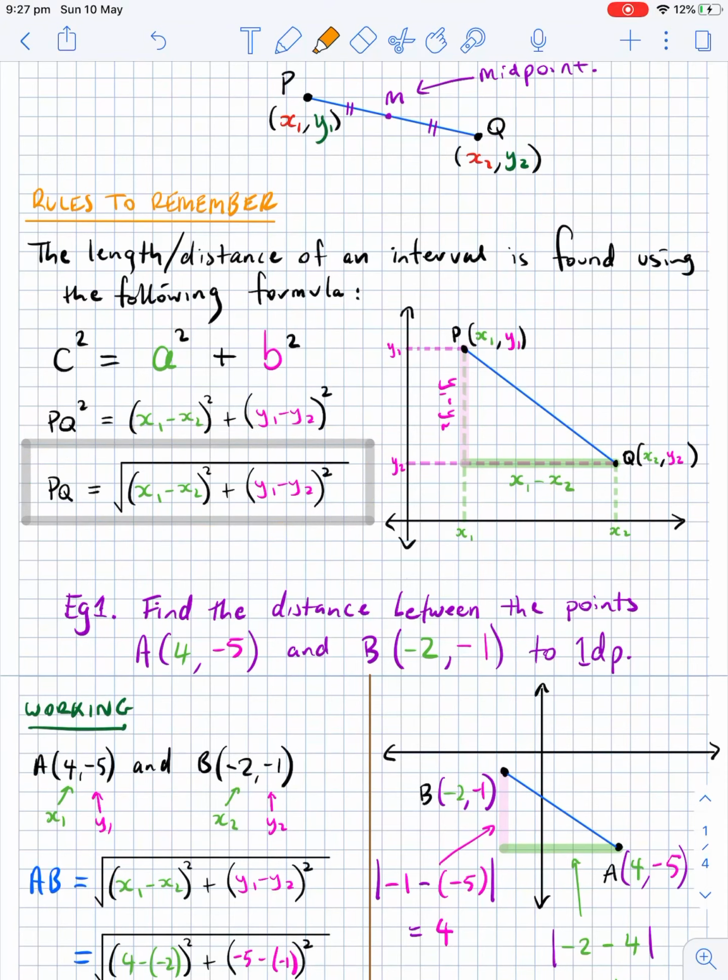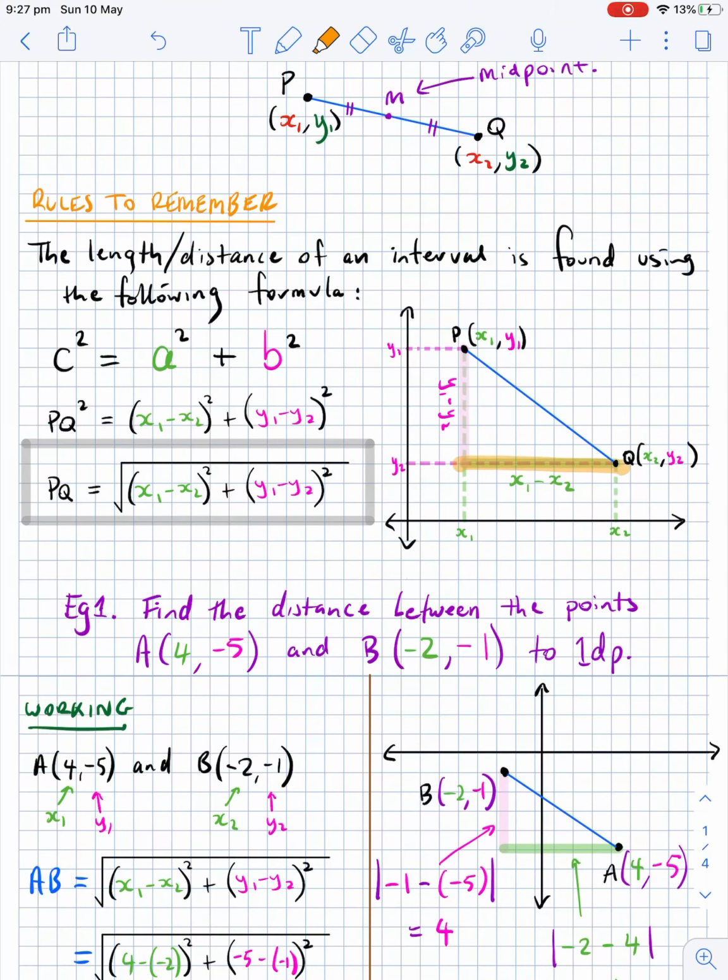Okay, so what exactly is happening here? With our Pythagoras, we're pretty much setting up a right angle triangle to figure out the length of our interval here, this blue line. The bottom length of our triangle is going to be the difference between x2 and x1, because x2 and x1 are the x coordinates of our 2 points.